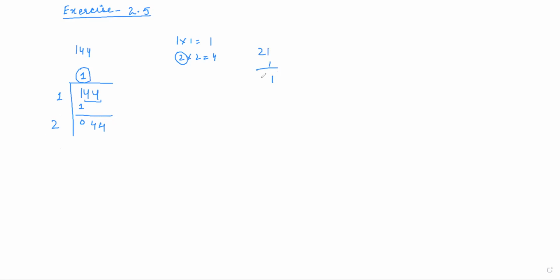So 1 into 1, 1 into 2, which is less. So I check 22 into 2, 2 into 2, 4, 2 into 2, 4. So 44. So I get exact 44. This is done. So answer is 12, right? So I can say that square root of 144 is 12.